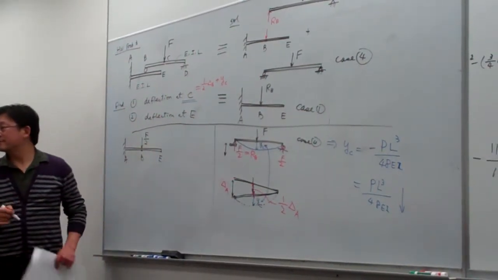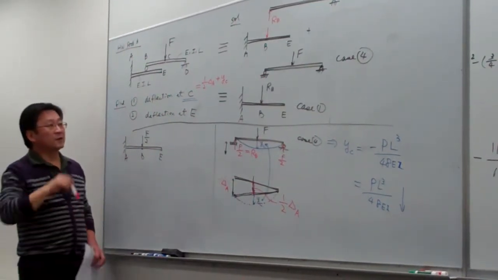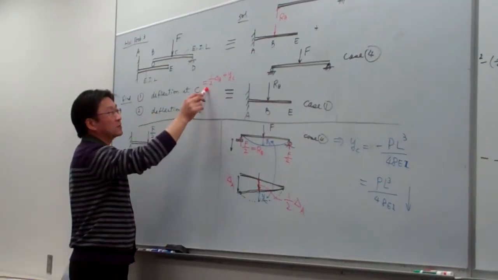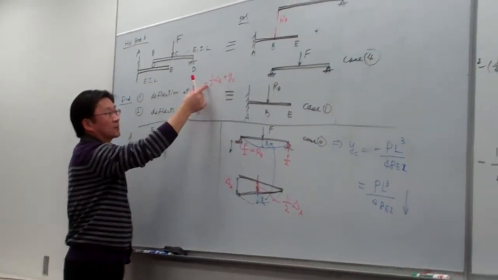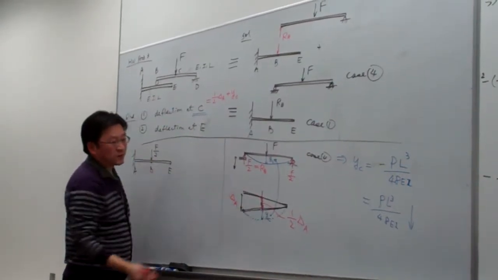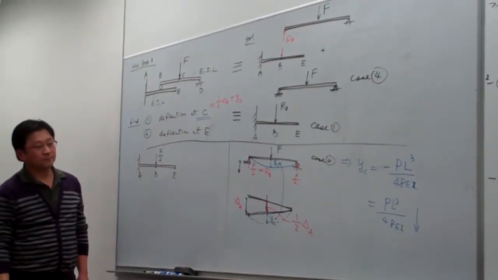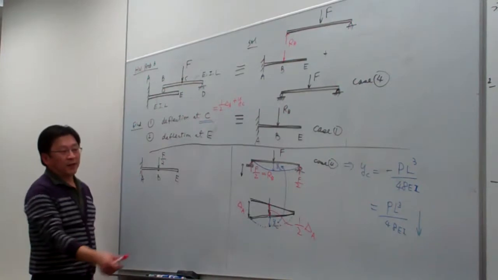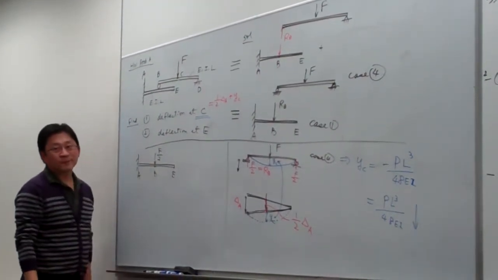Okay. And some of you have questions about how to interpret this amount, and that is explained by this. And how to determine delta A?